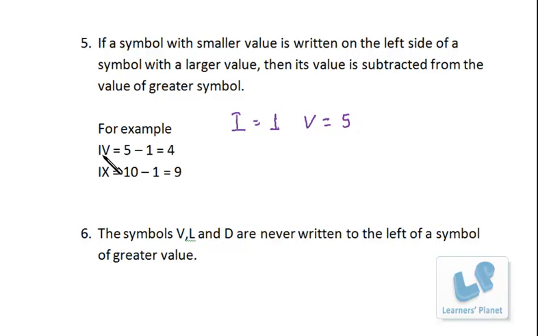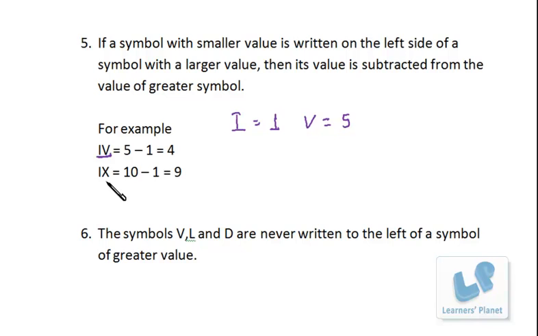Now I is written on the left side of V. According to this rule, the value of I will be deducted from the value of V. So we deduct 1 from 5 and we get 4. So this is the representation of 4.